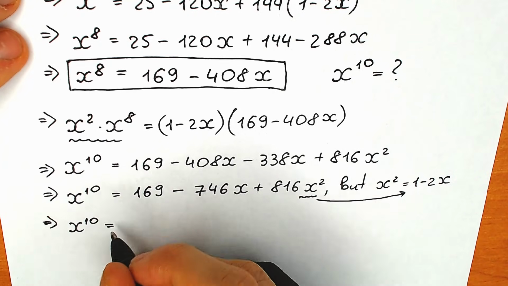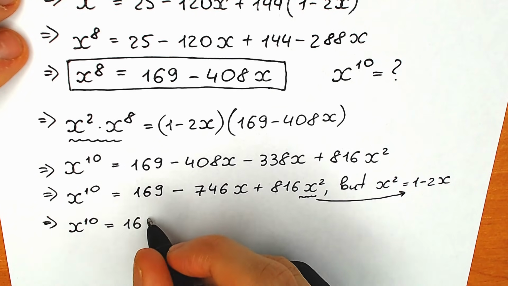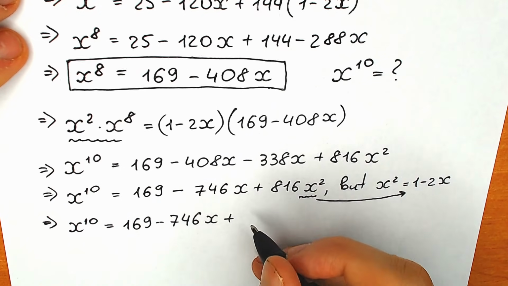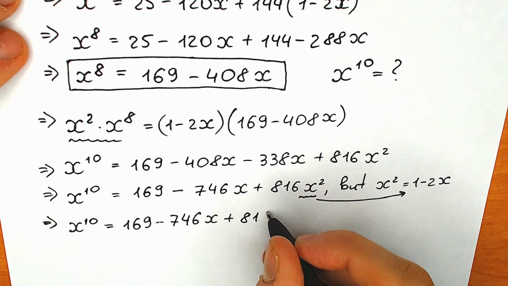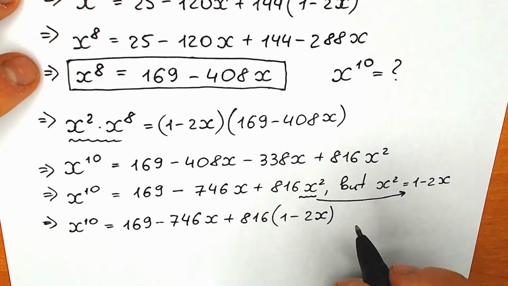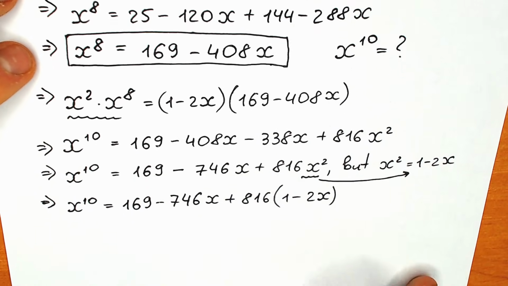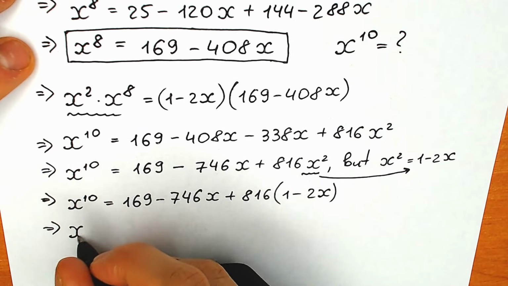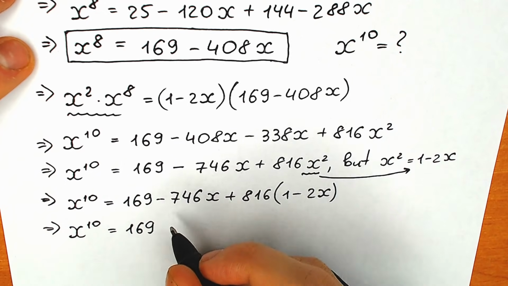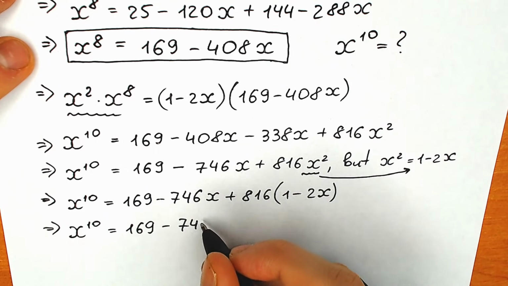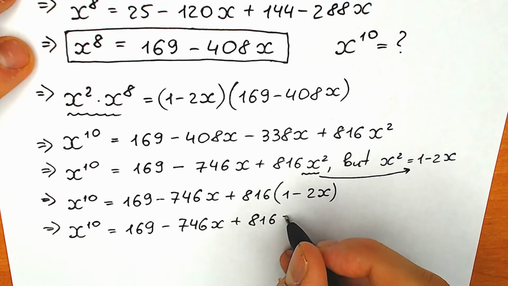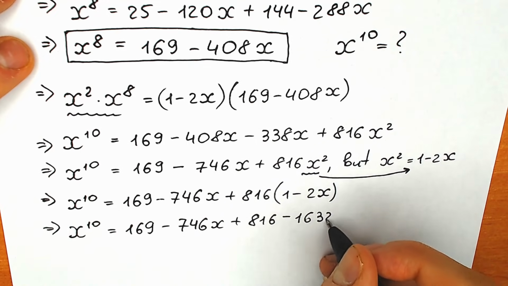So we have x to the power 10 equal to 169 minus 746x and plus 816 times 1 minus 2x. And right now let's multiply this 816 by this parenthesis. So we have x to the power 10 equal to 169 minus 746x, the same beginning, plus 816 minus 1632 times x.